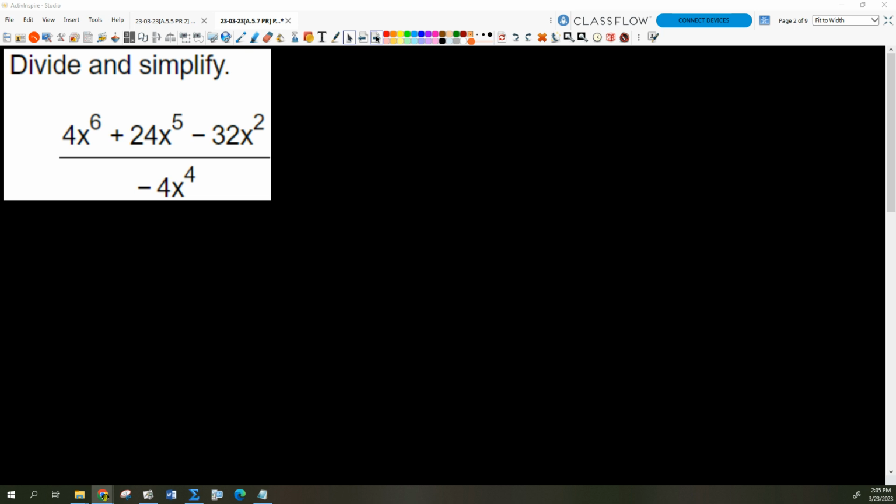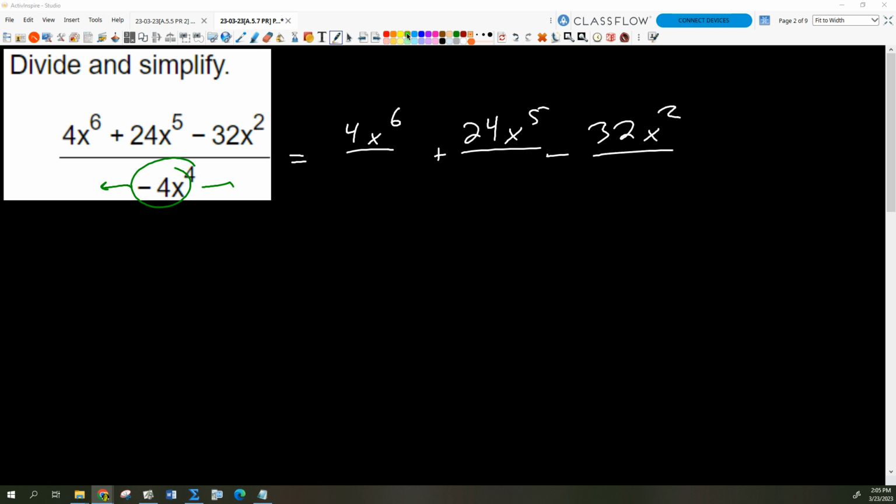So if I split this denominator up then, I'm going to split it up into all 3 of those fractions. This is equal to 4x to the 6th divided by my common denominator plus 24x to the 5th divided by my common denominator minus 32x squared divided by my common denominator of negative 4x to the 4th, right?